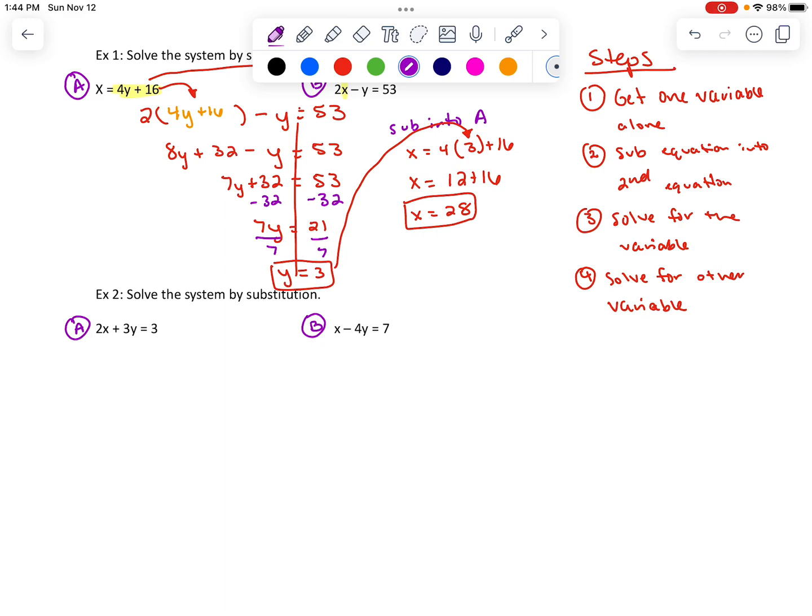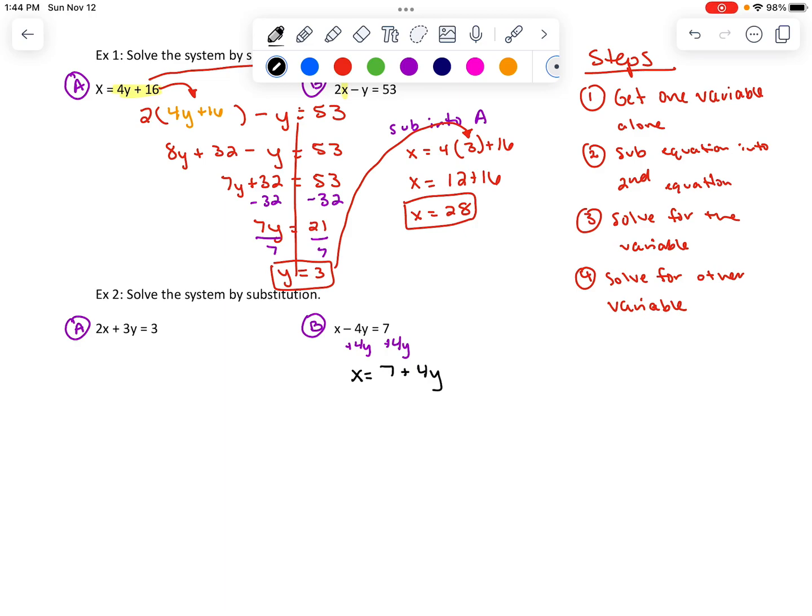But if I look at equation B, x is alone as far as the only thing attached to it is the 4y. There's not a number in front of the x, there's not a coefficient there. That's going to be the easiest one to solve for. So I'm going to move that 4y over. I now have x equals 7 plus 4y. There's my step 1: get one variable alone.